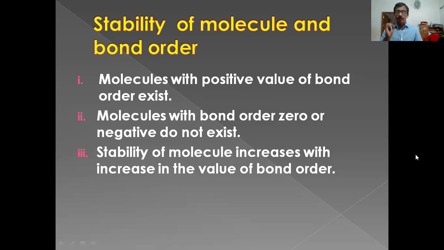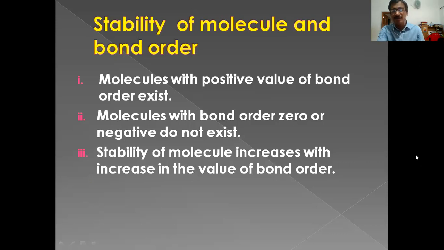And the stability of the molecules increases with increase in the value of bond order. So if you have two molecules, one with bond order 3 and the other with bond order 2.5, which is more stable? The molecule with bond order 3 is more stable.